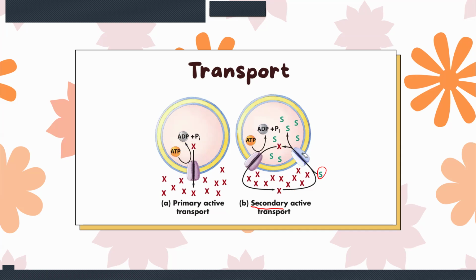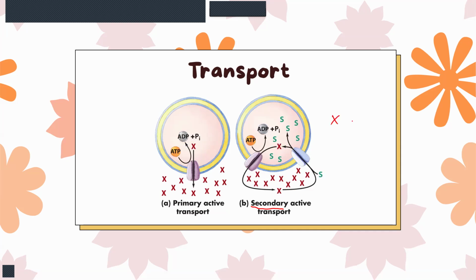What I want you to notice about both of these, X and S: X goes from low concentration to high concentration, unfavorable. S, going from the outside to the inside, is also low concentration to high.